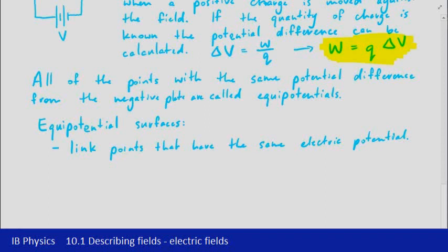Note that we're using the term electric potential. The reason for that is that when we're talking about equipotential surfaces, we should always refer to them as corresponding to some zero potential. In this case, the zero potential would be the negative plate.